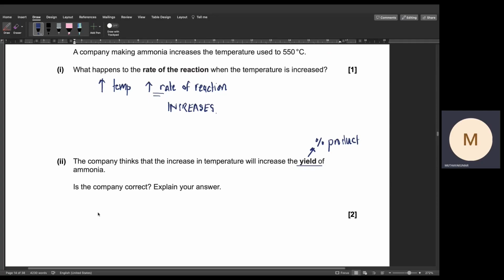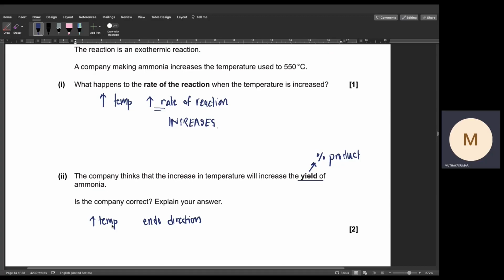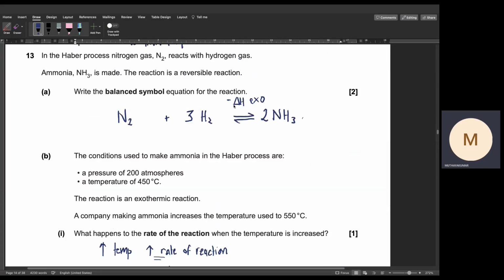So if we think back to that multiple choice section, increasing the temperature will always shift the equilibrium position to the endothermic direction. Now, in the Haber process, the forward reaction is exothermic. So if we increase the temperature, the endothermic direction is backwards, and that is what will be favored.